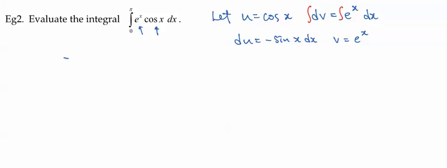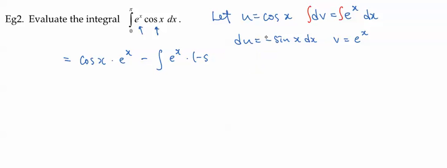which means when we use the formula for integration by parts, we will end up with u times v minus the integration of v times du. Negative sine x dx.